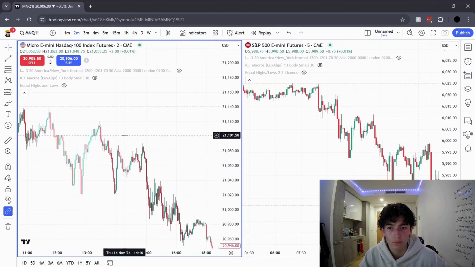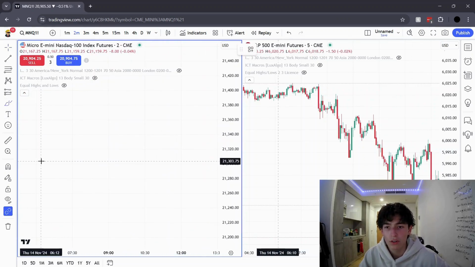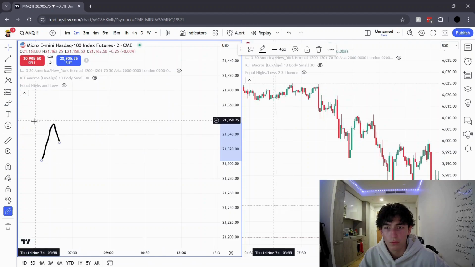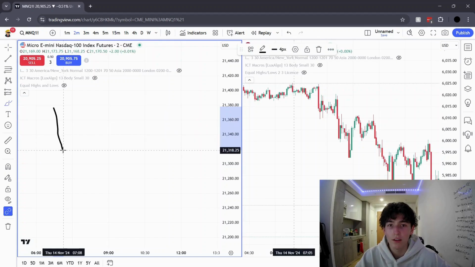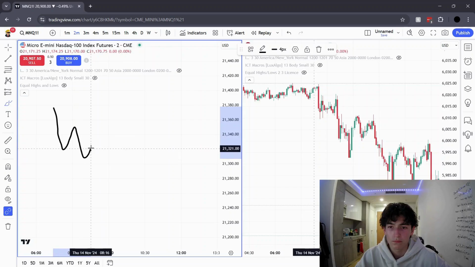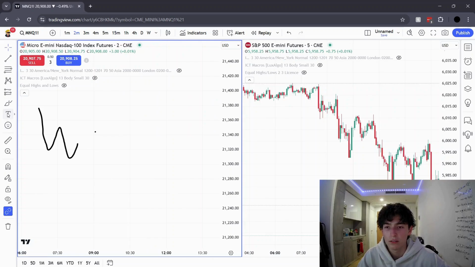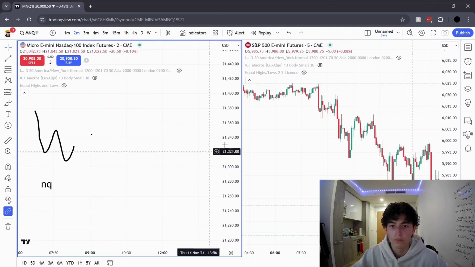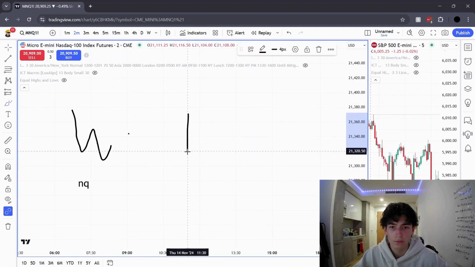Well, what an SMT is basically whenever, actually, let me first do bullish. So let's say in NQ, the chart looks something like this. This is NQ, and then this is going to be ES.